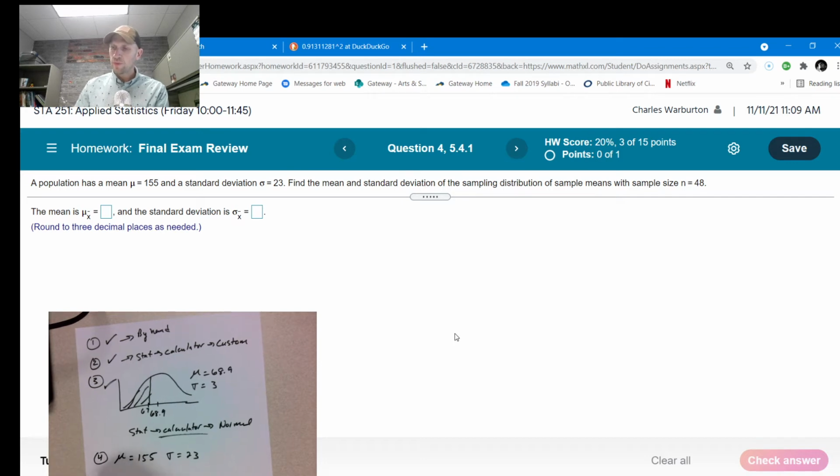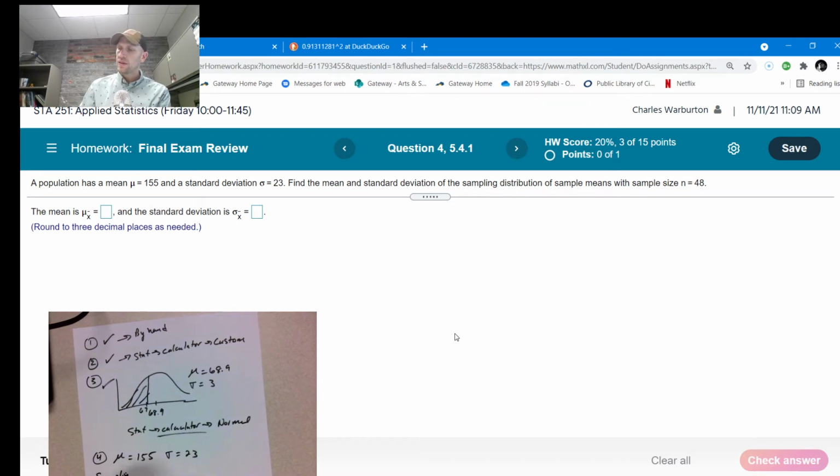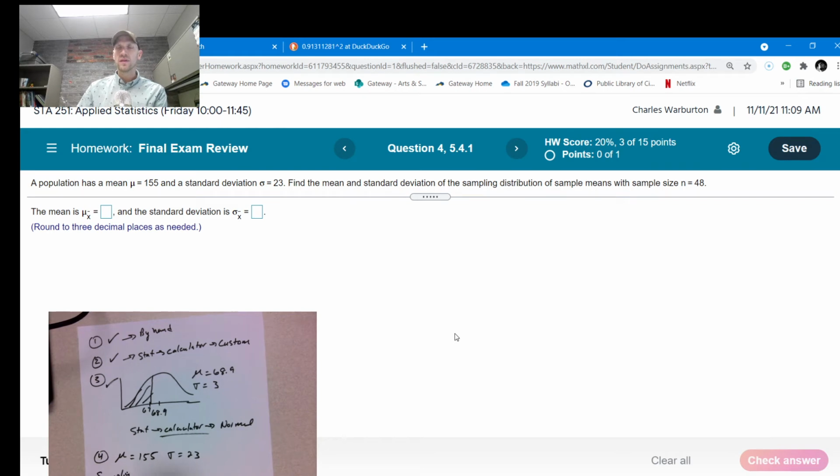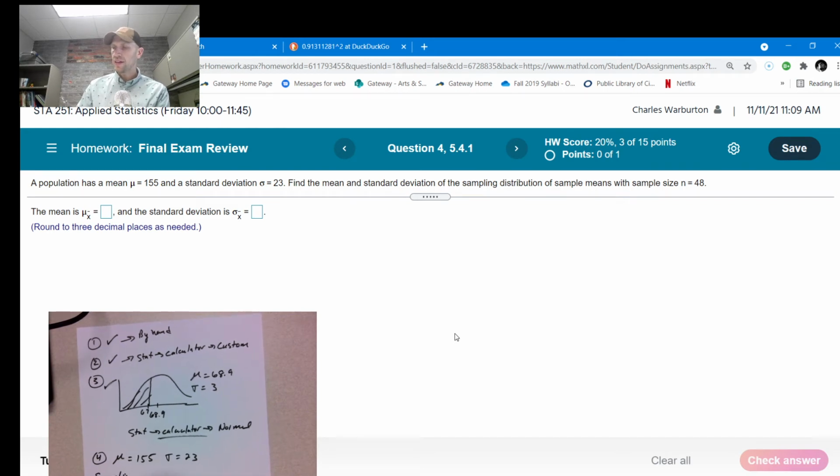So remember, the mean of the sampling distribution of a sample mean is the same thing as the population mean. So the population mean is 155. Okay, so that's good, we got that down.